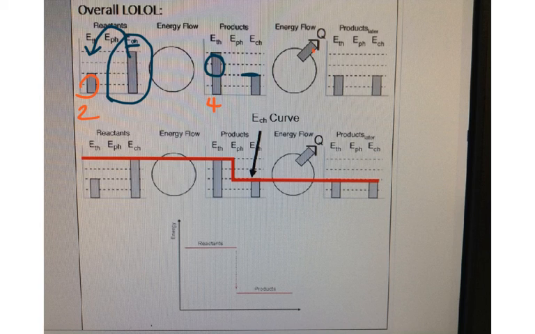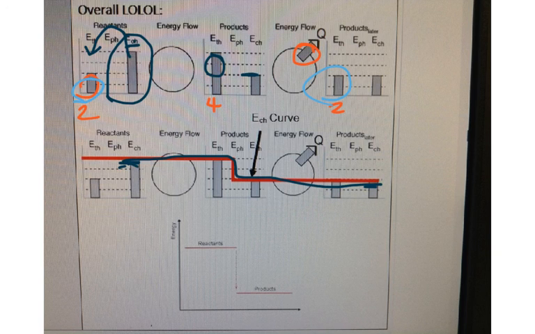It's going to try to release those 2 bars so that it can go back to its original. So I started with 2 and I need to end with those 2. Now when I look at my ECH curve, I go from 4 down to 2 because I have more energy stored in the original, and then I'm releasing that energy that's stored in that chemical into the thermal form.